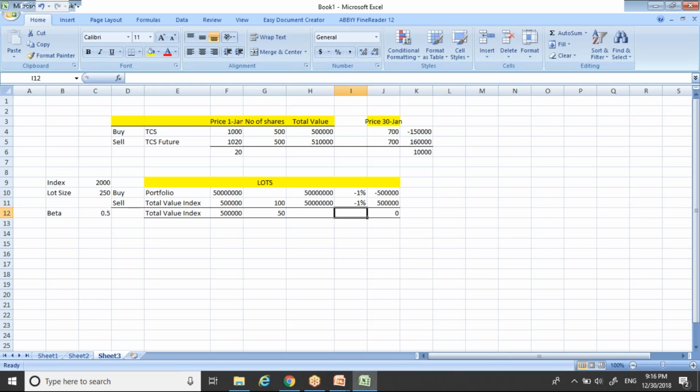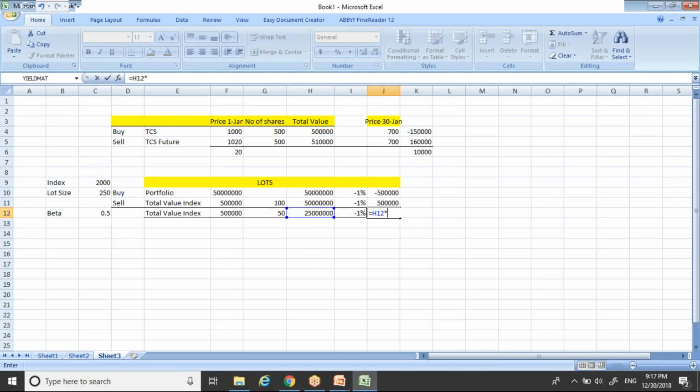If I have to reduce, I guess I have to double the lot. I'm so sorry, let me check. I might be wrong. So the Nifty moves 1%, the index moves 1%, so the total value will be this into this. So this is the total value. So the Nifty moves 1%, yeah, perfectly.